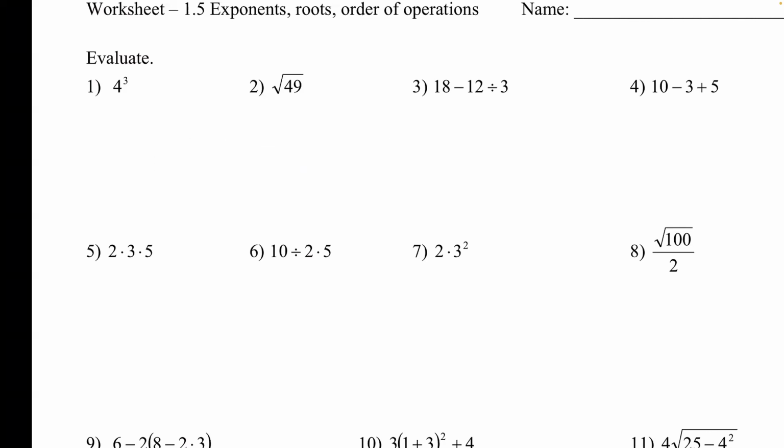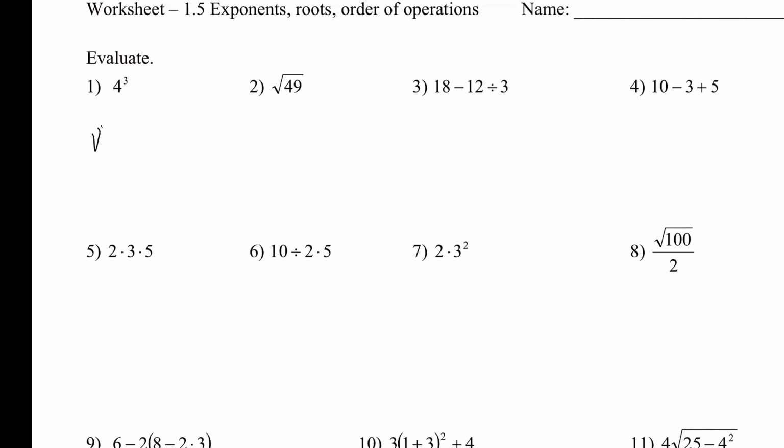Root 49. I want to say it's the number that if I multiply it by itself equals 49. I know 7, but if I don't know, I want to divide.